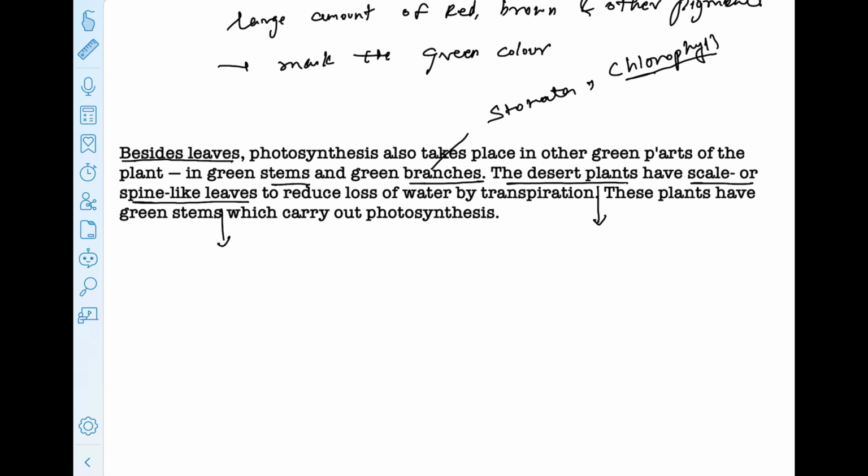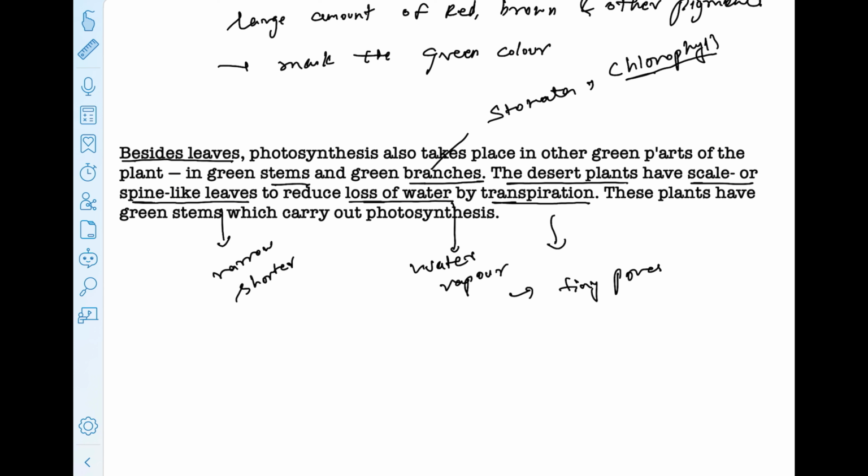We can say that the surface area of their leaves is very narrow or small. Why? To reduce the loss of water by transpiration. What is transpiration? It is the process by which plants lose water in the form of water vapor through their tiny pores that are known as stomata.